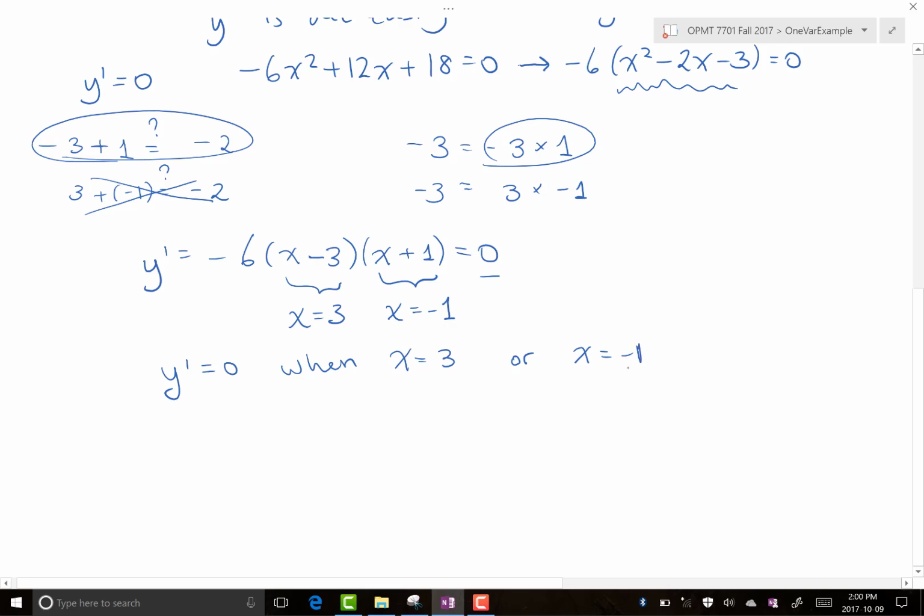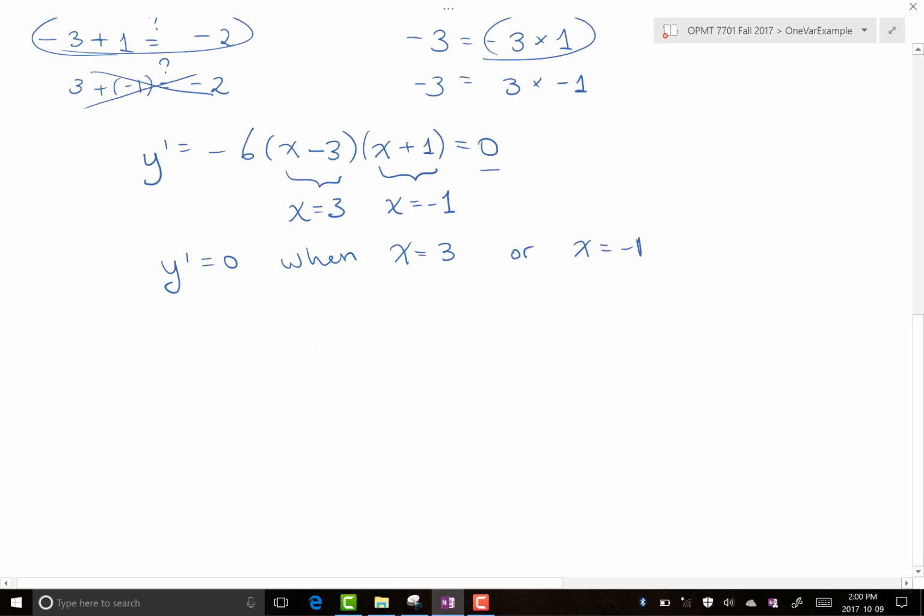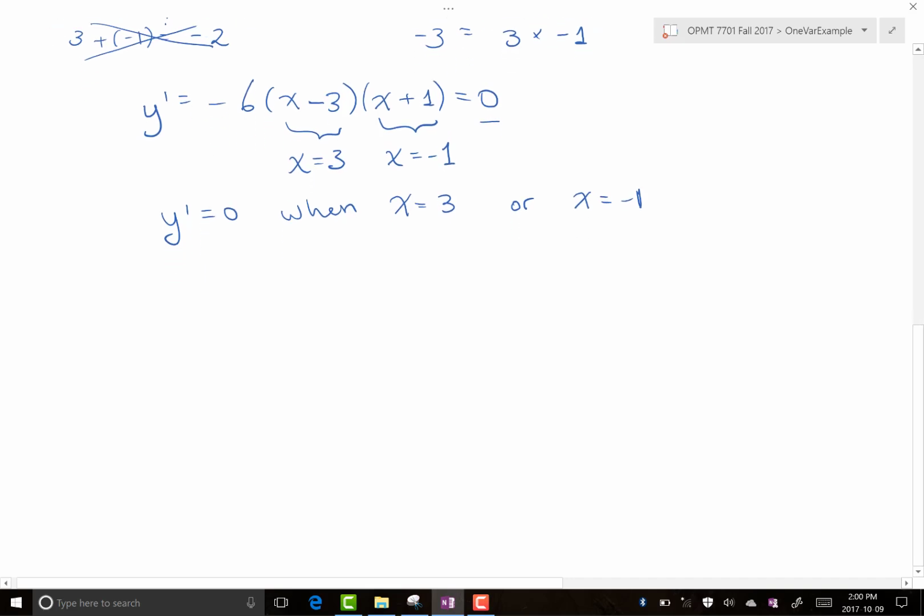Now, to figure out where y is increasing or decreasing, we need to test on either side of these points. We have -1, we have +3, and we need to figure out what y prime is doing on either side of those. So let's test, let's say -2. And let's test 0. It's another nice one to plug in, and +4.